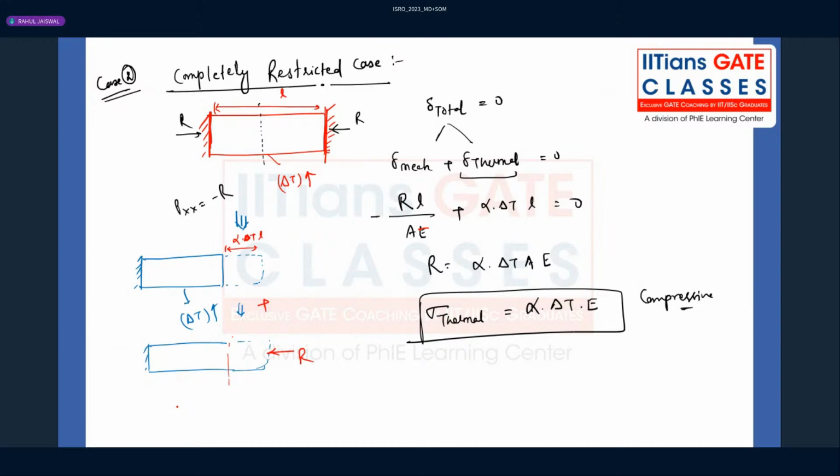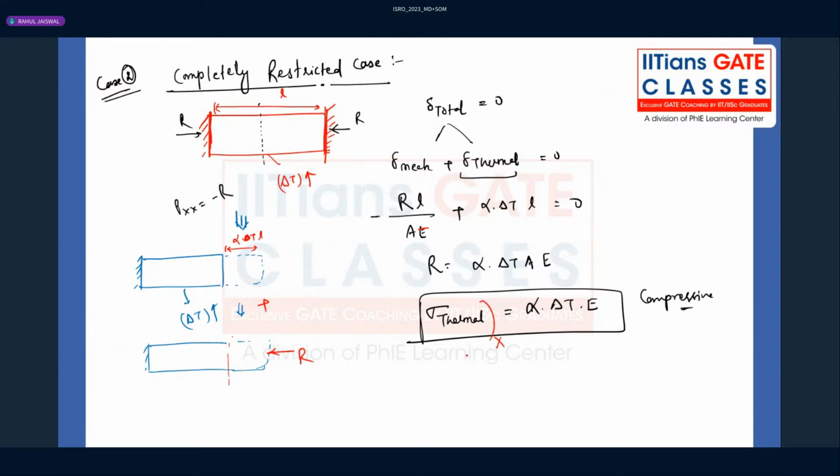We have another case that we already talked about in one of the ISRO sessions, the previous year question session, when we have a certain gap, right? That is case number 3, the partially restricted case. Now, whatever stress is developed, that is in the x direction.